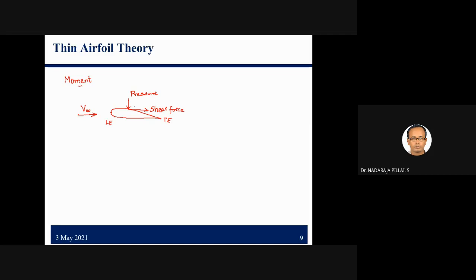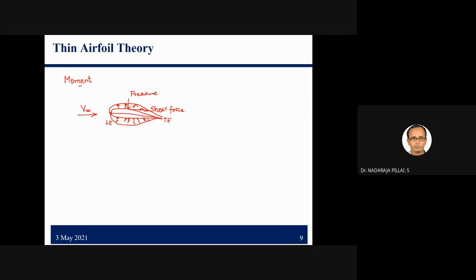Because of that, you have a distribution of forces around the airfoil. So one can draw a distribution of force. Now there is a question: where will you place the resultant of this force, at any point in the chord?